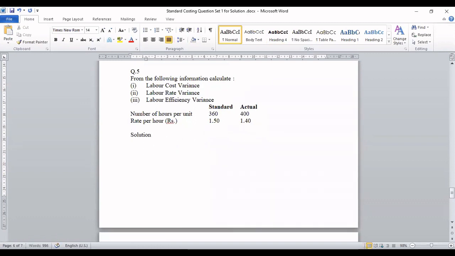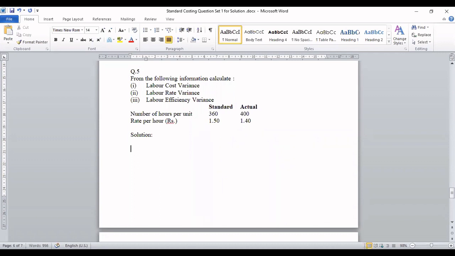From the following information, calculate labor cost variance, labor rate variance, labor efficiency variance. Number of hours per unit: standard 360, actual 400. Rate per hour in rupees: standard 1.50, actual 1.40.